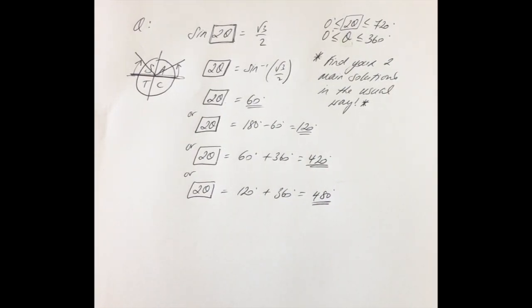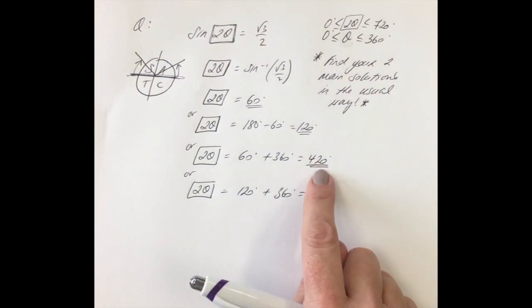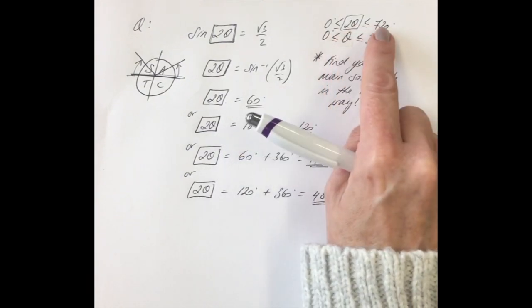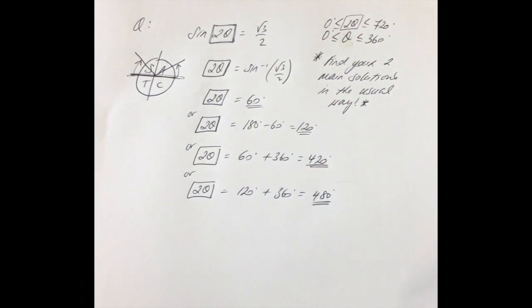Okay, if I add on 360 again now to 420, you'll get 780, so you've gone beyond what you need to go. So I've gone all the way up as far as I can go with my double angle, which is 720 degrees.